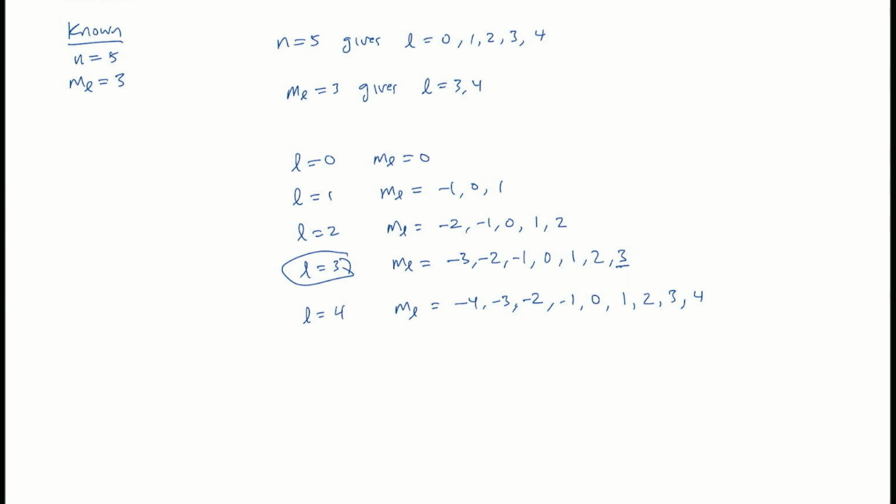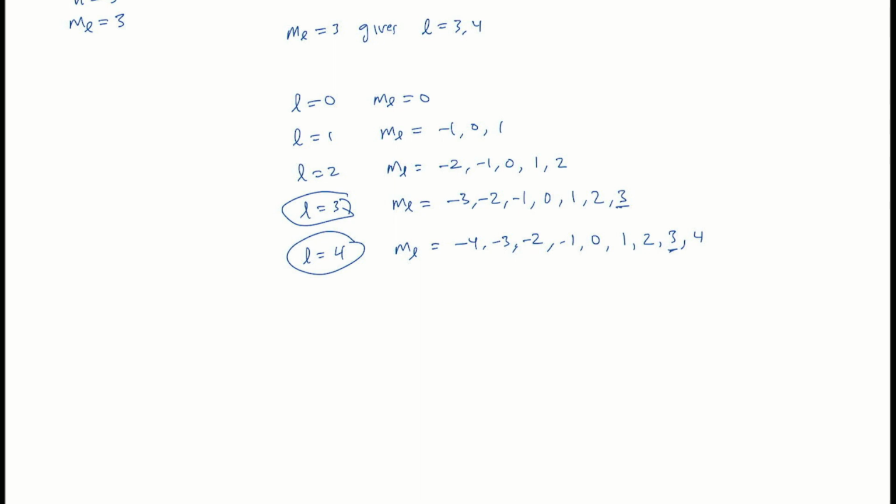And here again, we see that m sub L is 3. And so there's our L is 4. And so with n 5 and m sub L 3, the possible values of L are 3 and 4.